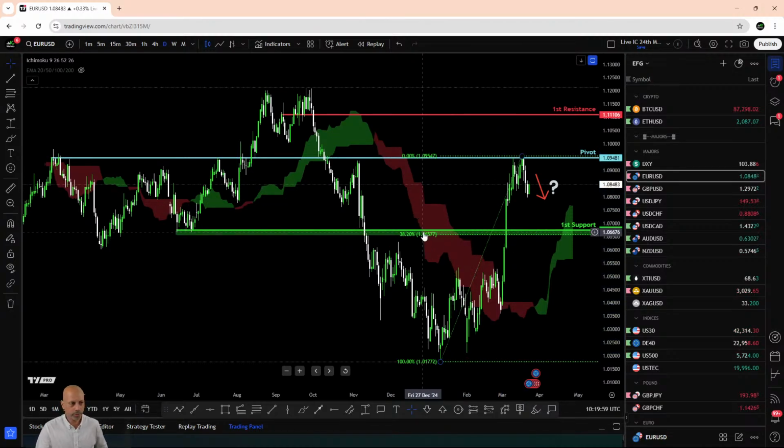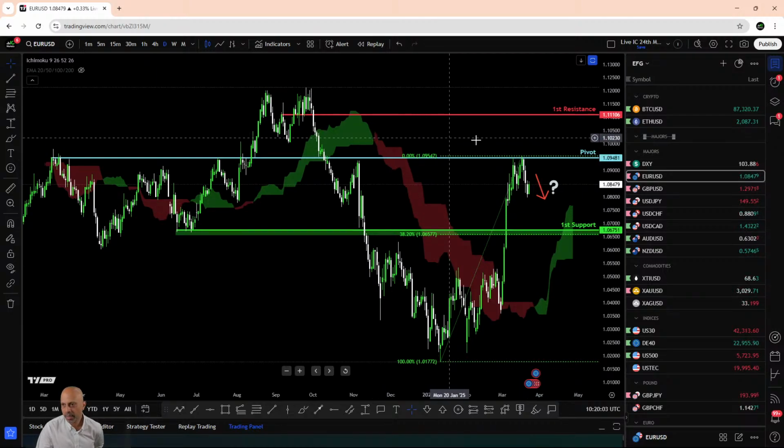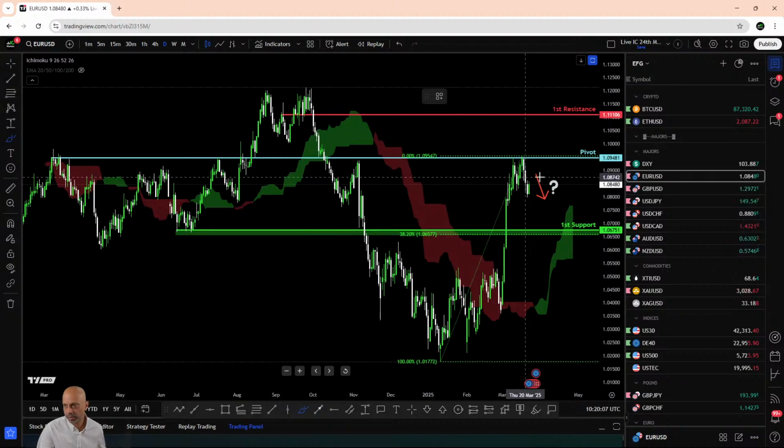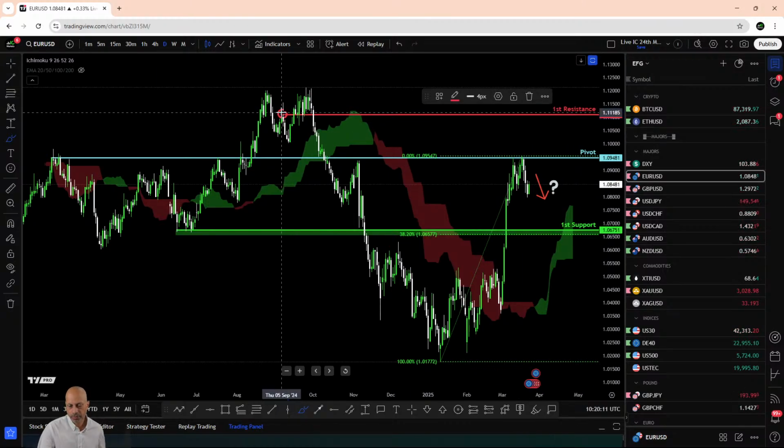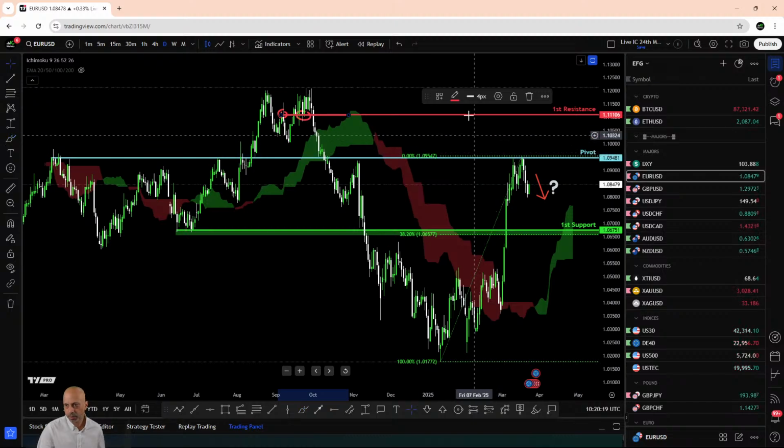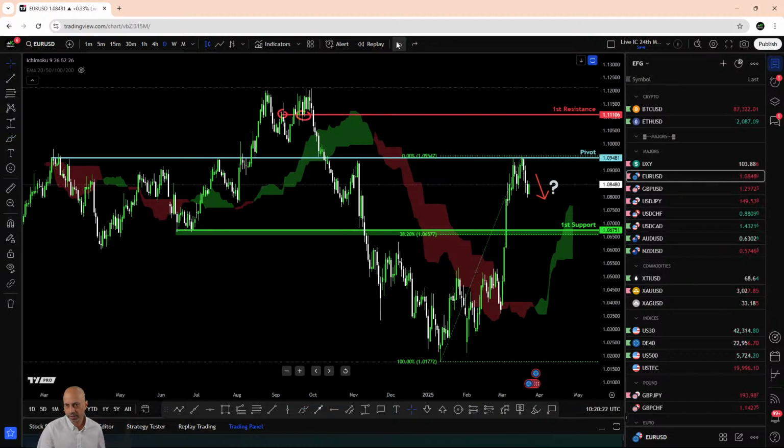So we can see the 38.2% retracement accompanying the first support quite well. Beyond the pivot, which is an overlap resistance, I spot another overlap resistance, and that's at 1.1110. You can see resistance here being formed on 5th of September. Then I see support being formed here in mid to end September, creating a pretty decent overlap level that we can use in the identification of the first resistance.